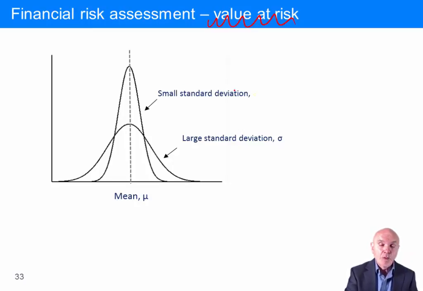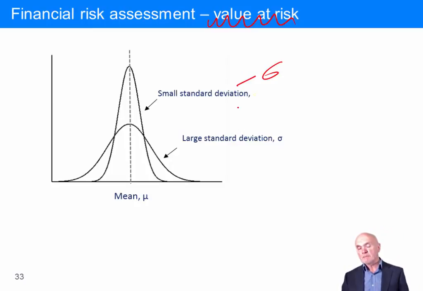This is where you have a small standard deviation, and the standard symbol for a standard deviation is the Greek letter sigma. If, however, you have a share which bounces all over the place, a very nervous, volatile share, then it would have a very large standard deviation. So the standard deviation tells us something about the spread of the possible results.